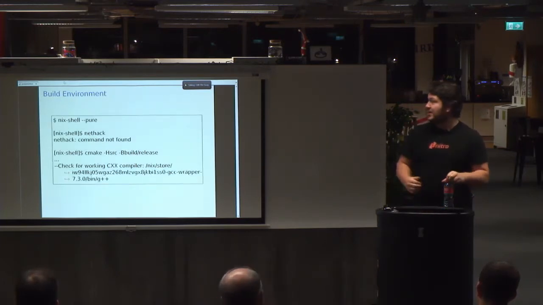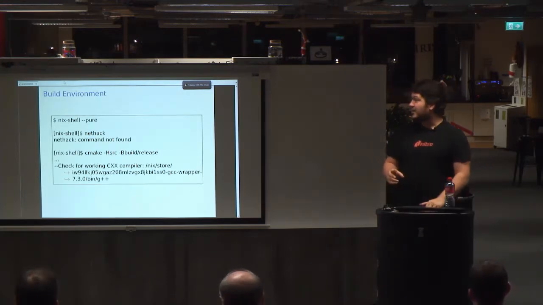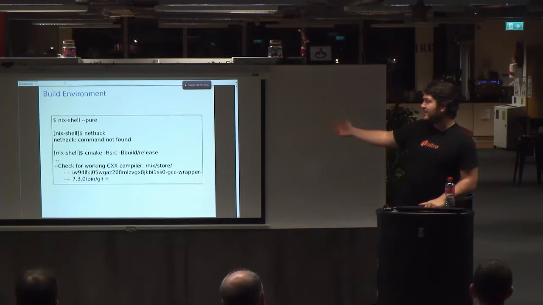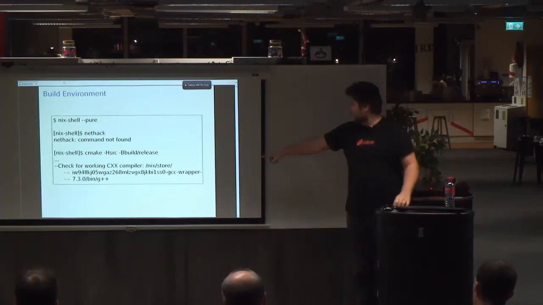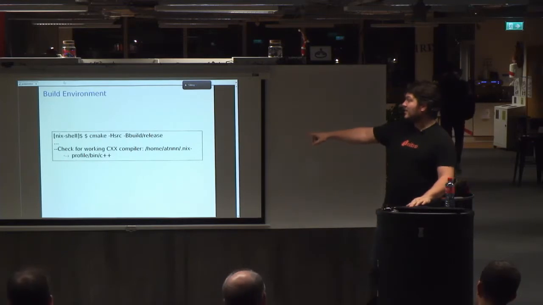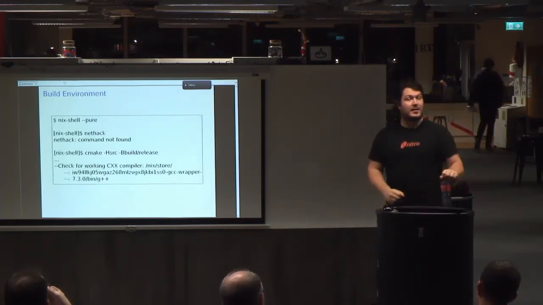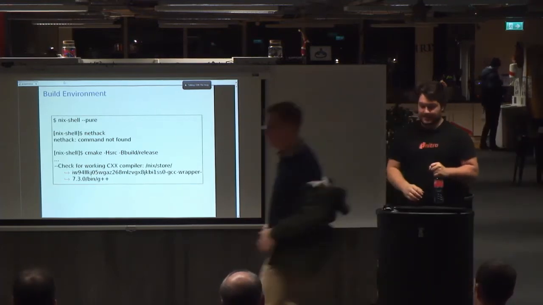But if I run nix-shell --pure, it empties my environment before starting the shell. Now NetHack is not found anymore, and it finds the correct compiler. You can tell the difference here. It found the one in my home. Now it finds the one that was specified in the dependency for the package.